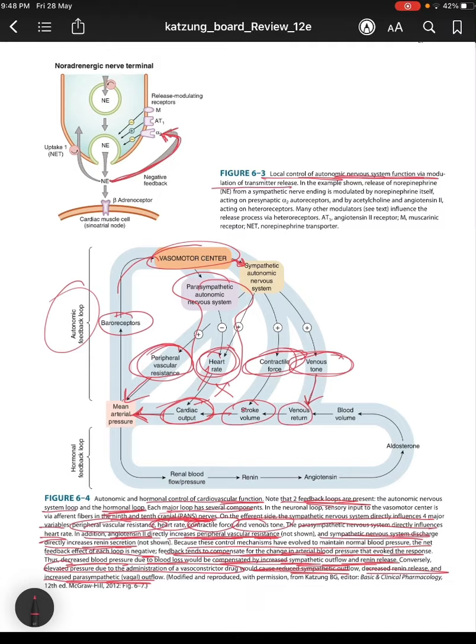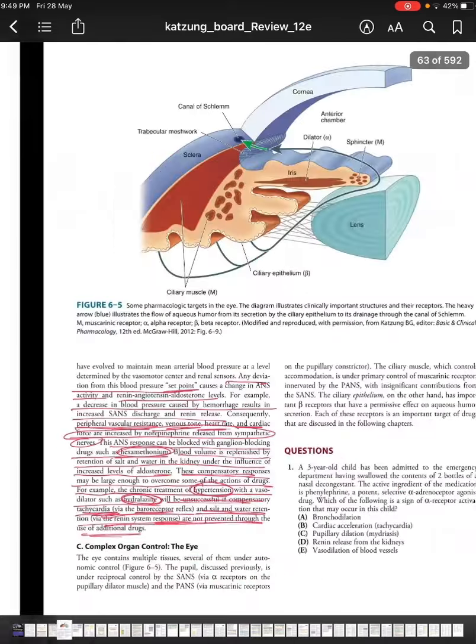Venous tone is responsible for venous return, which again controls the stroke volume and in turn the cardiac output. And the hormonal feedback loop, the renin-angiotensin-aldosterone system, controls the blood volume, which in turn mediates the venous return. So it's a high yield diagram.